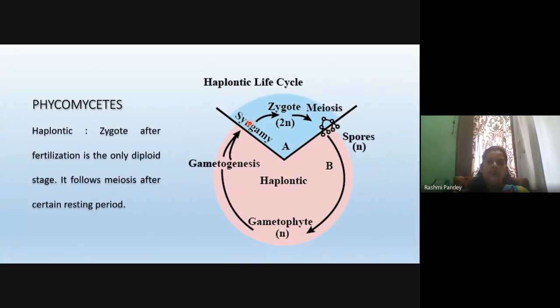There is only a very short diploid phase, which is why it is not mentioned in the life cycle. Only the zygote, after the union, is diploid. The whole life cycle is haploid, having n number of chromosomes. Such an alternation of generation where only the zygote is 2n diploid is called the haplontic life cycle.